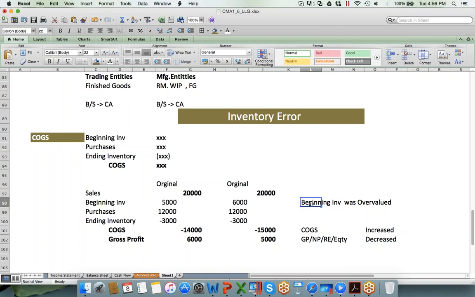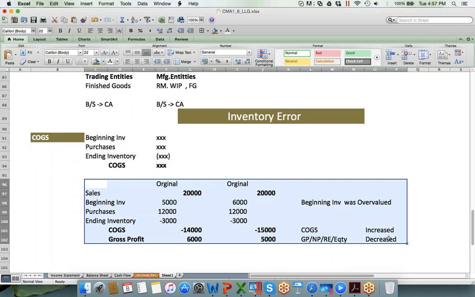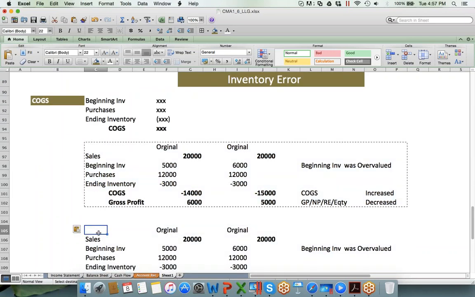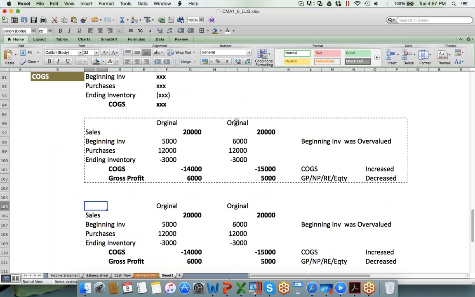When beginning inventory was overvalued, the impact on cost of goods sold is that cost of goods sold will increase, and gross profit, net profit, retained earnings and equity will decrease. If the same data is done the other way, see with the practicals here, this is an error.